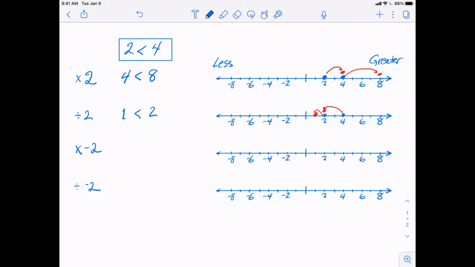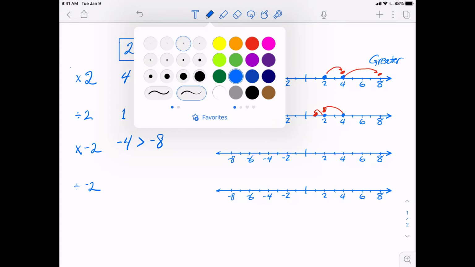So if we multiply by negative 2, the left side becomes negative 4, the right side becomes negative 8, and now we see that negative 4 is greater than negative 8. And on a number line, this would look like this.